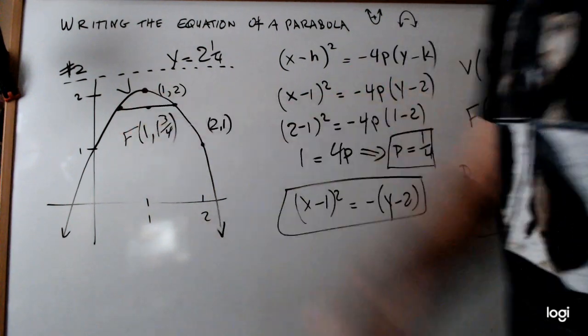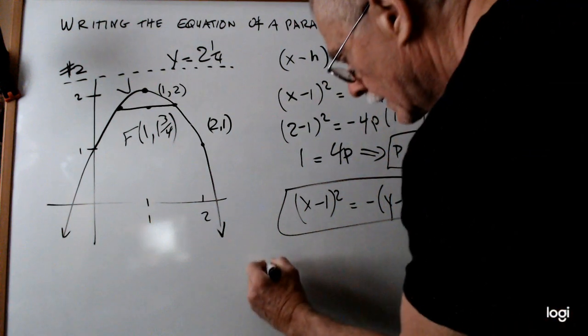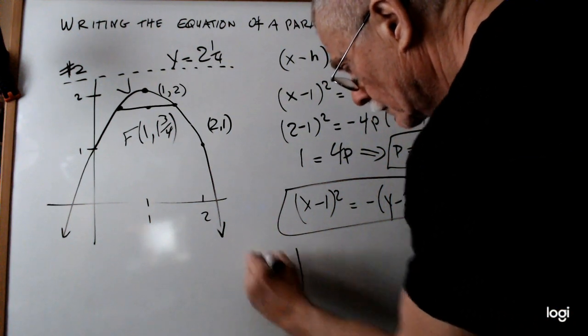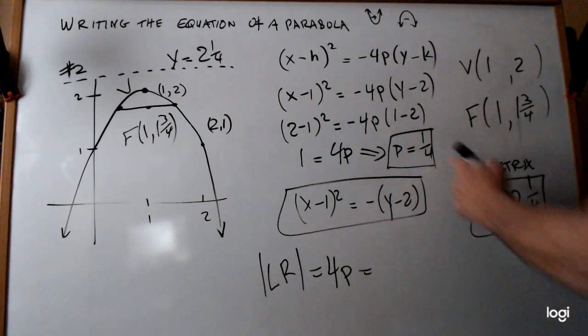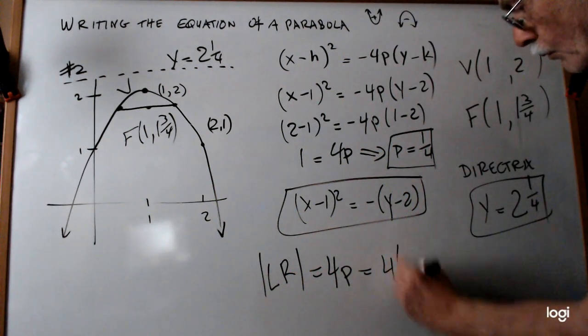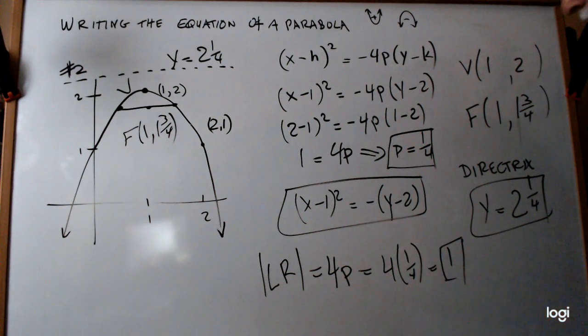You can compute that by plugging the numbers in, but we have a little formula for that. The latus rectum length is 4p. So in this case, if p is 1/4, 4 times 1/4 is 1. So the length of the latus rectum is 1.